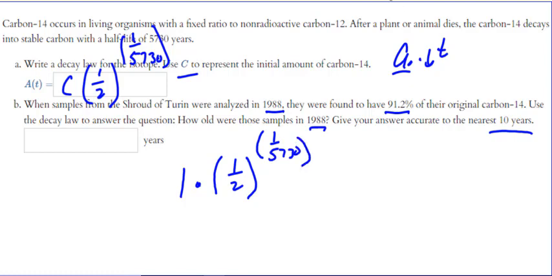The reason I'm doing 1 is that's going to be in Y1, and Y2 is going to be 0.912. That's the amount. And then we'll just solve for T. We'll solve for T. All right, and we'll do it to the nearest 10 years.